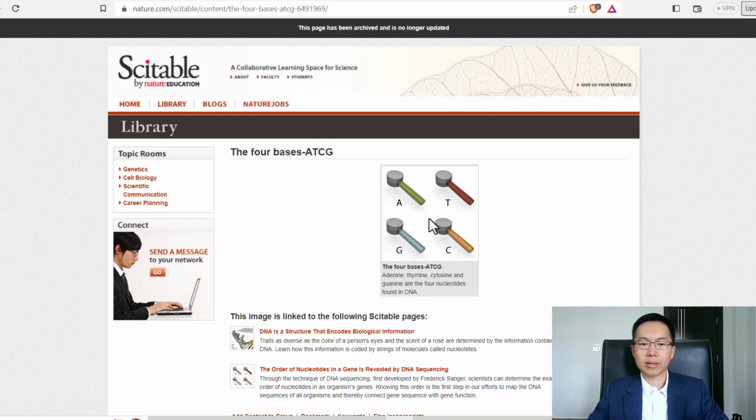These 4 letters here, A, T, G, and C, are used to represent the 4 nucleotides found in DNA. To learn more about these 4 letters, let us read another page from my book, Word Magic, Born Again.